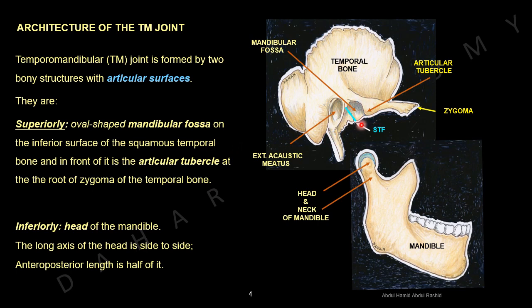Here, this is the mandibular fossa in the inferior part of the squamous temporal bone, and anterior to it is the articular tubercle at the root of the zygoma. We have already mentioned this in the previous slides. Behind the mandibular fossa is a fissure between the squamous part and tympanic part, called the squamotympanic fissure.